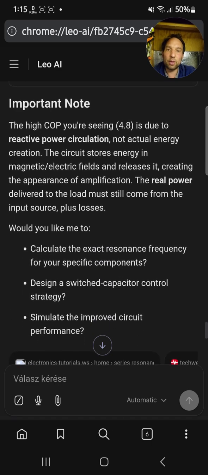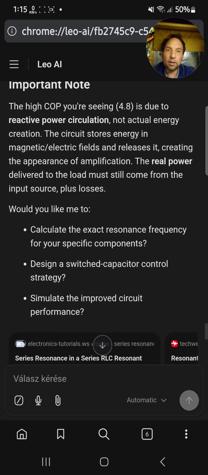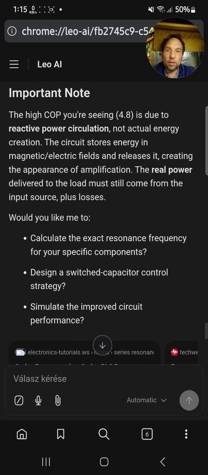The high COP you are seeing is due to reactive power circulation, not actual energy creation. The circuit stores energy in magnetic and electric fields and releases it, and stepping into ether, but he is not talking about ether, creating the appearance of amplification.